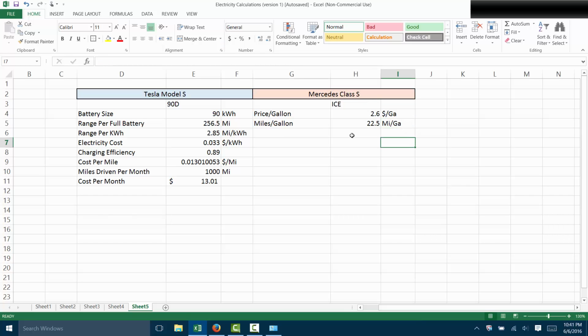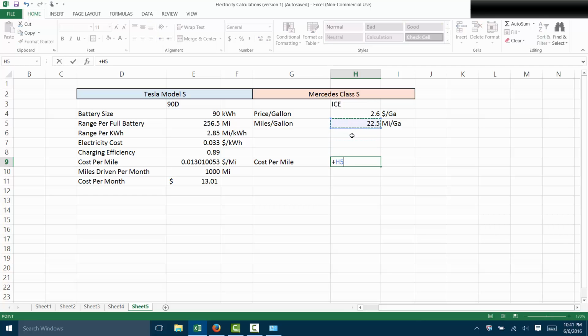Okay, so then we can get to the cost per mile. I think we're ready to calculate cost per mile, and that's going to be that number, price per gallon, divided by 22.5.